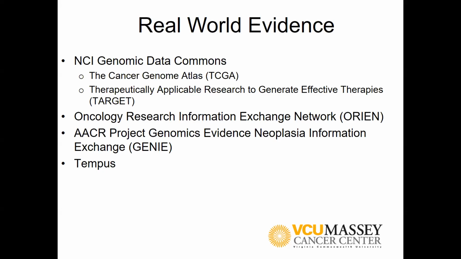Another one is the Orion network, which is, I think, about 20 institutions who got together and agreed to share data on patients who have genomic data together with clinical data. So they created this large data set, and now they can go and see what kind of patients they have there. If someone has a patient whose genomic profile is similar to a number of patients in the database, then they can compare the outcomes for a specific treatment.